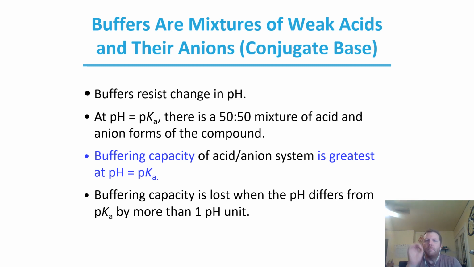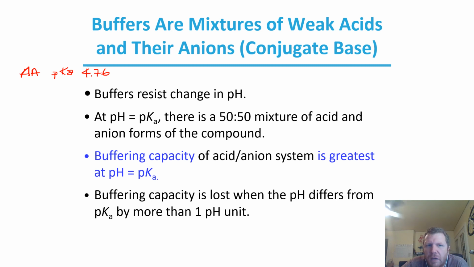Now, buffers are mixtures of weak acids and their anions, also known as conjugate bases. Buffers resist changes in pH. So at a pH equal to the pKa, there's a 50-50 mixture of the acid and anion form of a compound. We just showed that acetic acid, which I'm going to write as AA, has a pKa of 4.76.